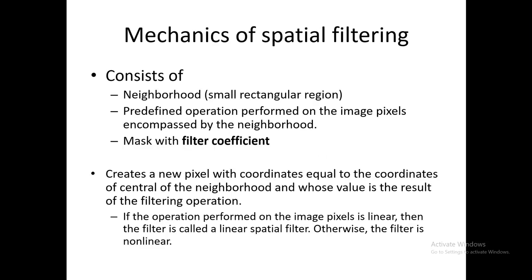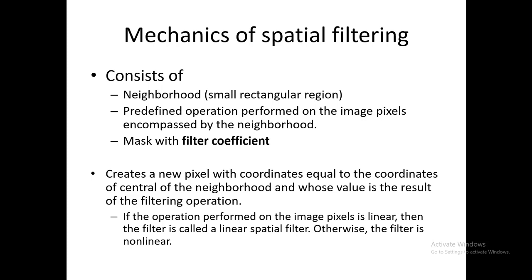Talking about the mechanics of spatial filtering, it consists of a neighborhood, a small rectangular region, which is also known as a patch. It also consists of some predefined operation that's performed on the image pixels encompassed by the neighborhood.